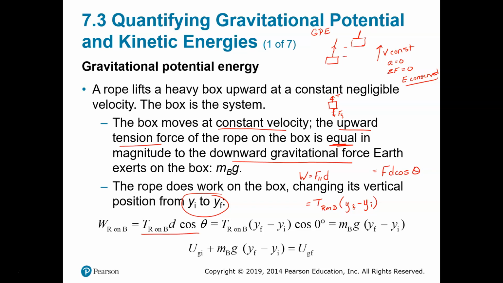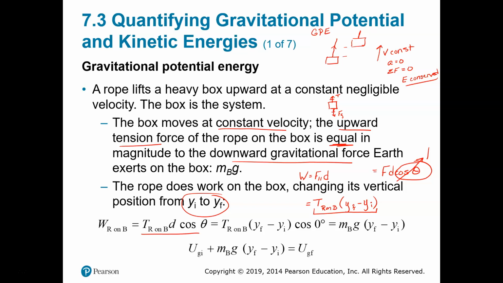My box went up. So I know that cosine of theta is going to be cosine of 0, and that is 1. So that can drop out. We can just look at how this is in relation to that direction of motion. So that means that the work that was done changing that position is the tension force times this, right?